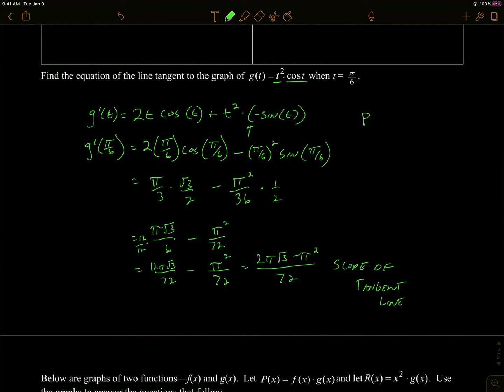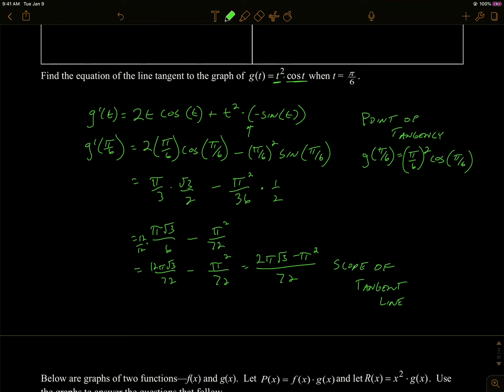We also need the point of tangency. We get that by plugging our x value, or t value in this case, into the original. So g of pi over 6 is going to be pi over 6 squared times cosine of pi over 6.